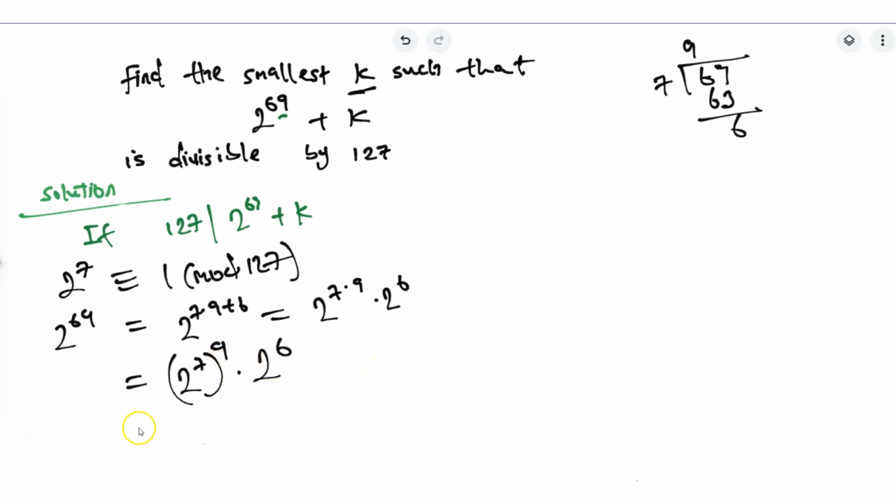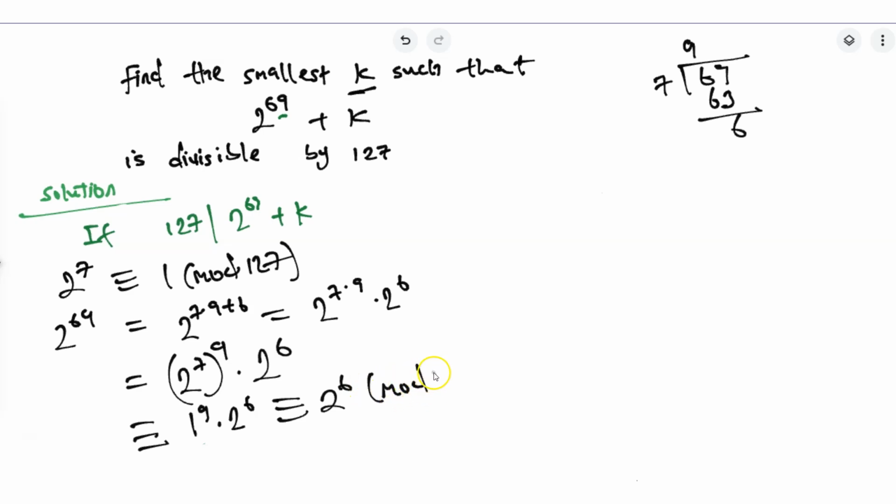Now this is congruent to, we already know that 2 to the power of 7 is congruent to 1 in modulo 127. So in modulo 127, this is congruent to 1 to the power of 9 times 2 to the power of 6. So this is congruent to 2 to the power of 6 in modulo 127.